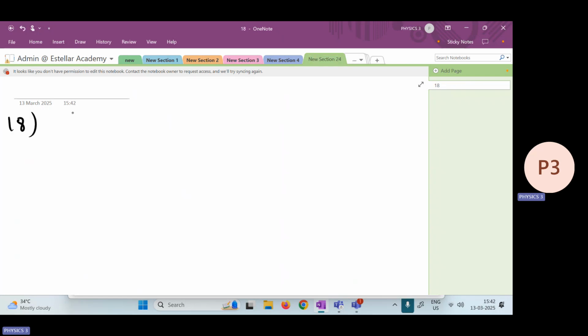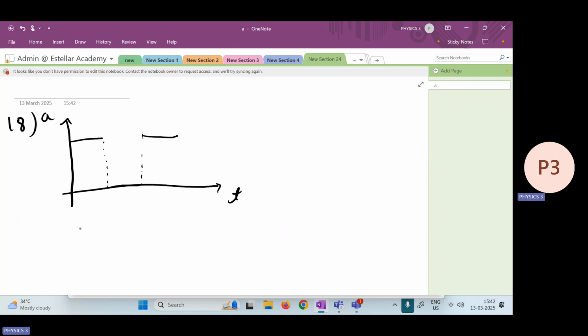The 18th question. We have given the acceleration time graph of a body, and we have to find the correct velocity time graph. So the AT graph we have given is this. Now we know that in the velocity time graph, the slope gives us the acceleration.